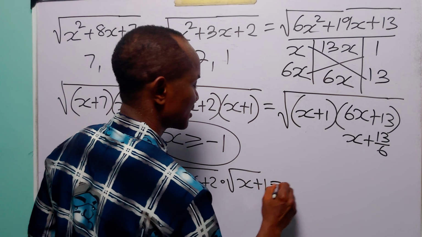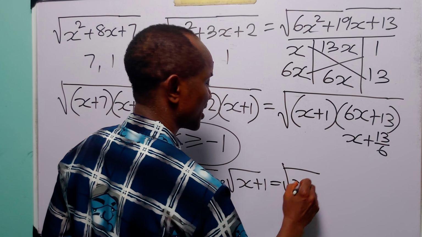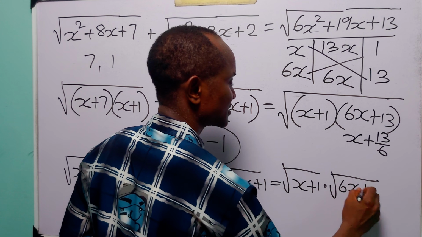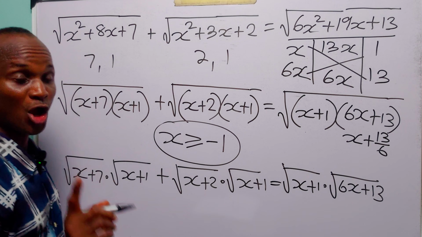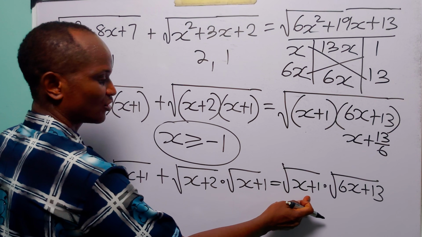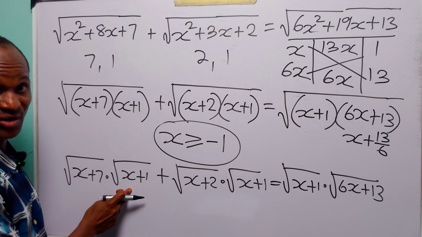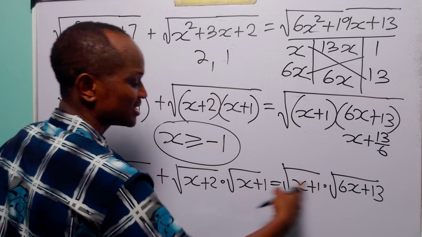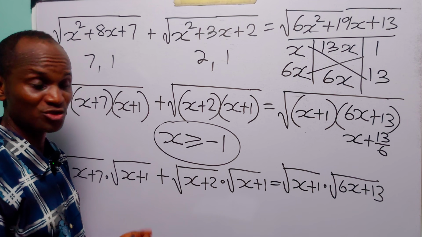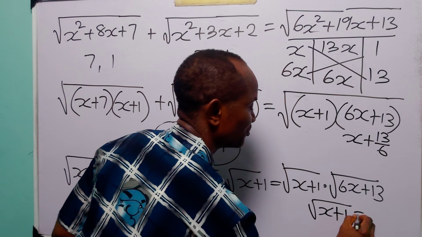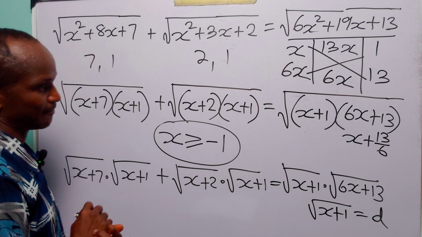And of course, this is equal to the square root of x plus 1 multiplied by the square root of 6x plus 13. Notice that we have the square root of x plus 1, the square root of x plus 1, and the square root of x plus 1. So to simplify this equation, let us do a substitution. Let the square root of x plus 1 be equal to the letter d.